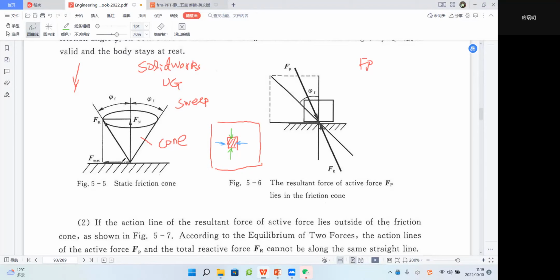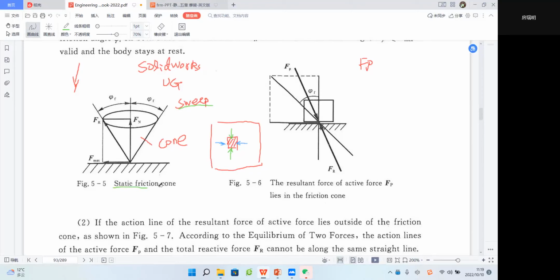It means this friction force can be in totally different directions according to the active force. You see? At different directions, we can always give this similar triangle. So we can let it do a sweeping process, then we can get this cone. We call that the static friction cone.